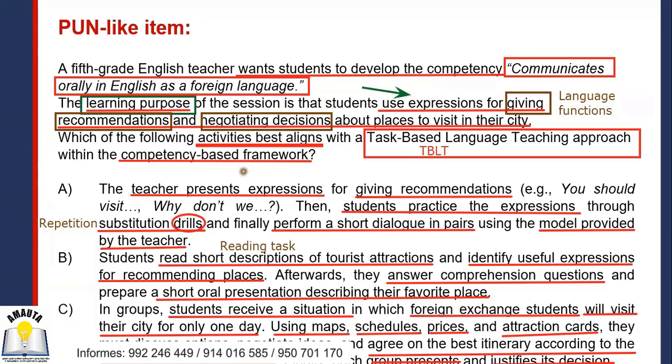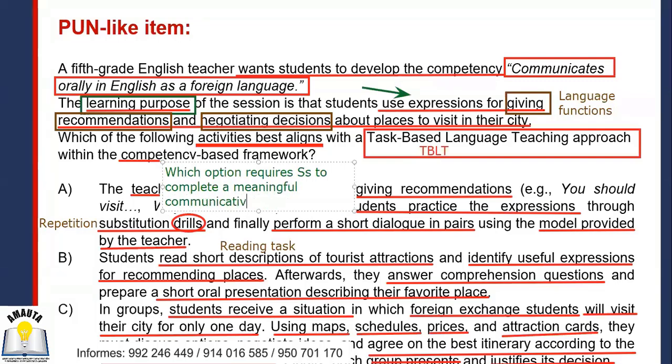Which option requires students to complete a meaningful communicative task? Because this is task-based language teaching.